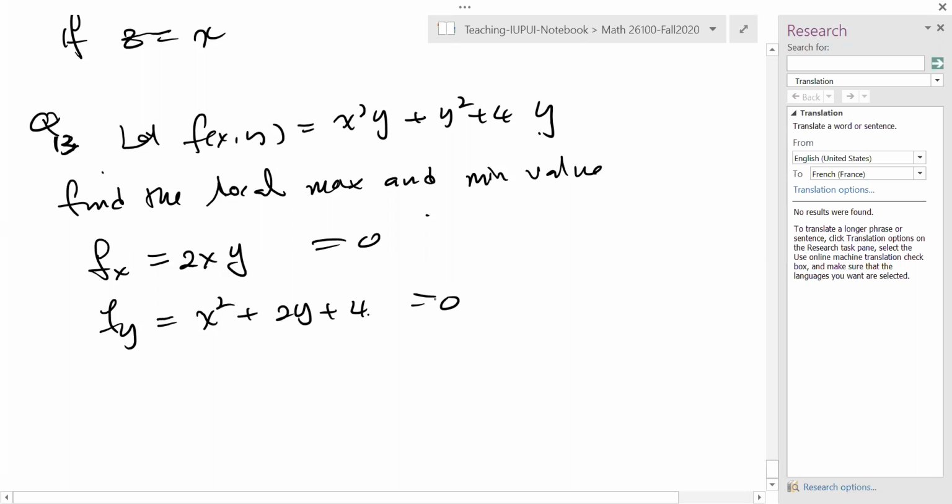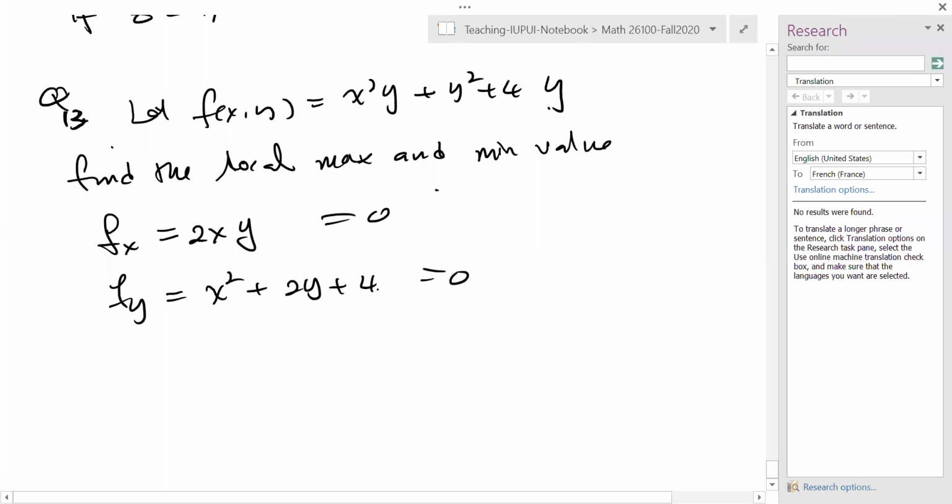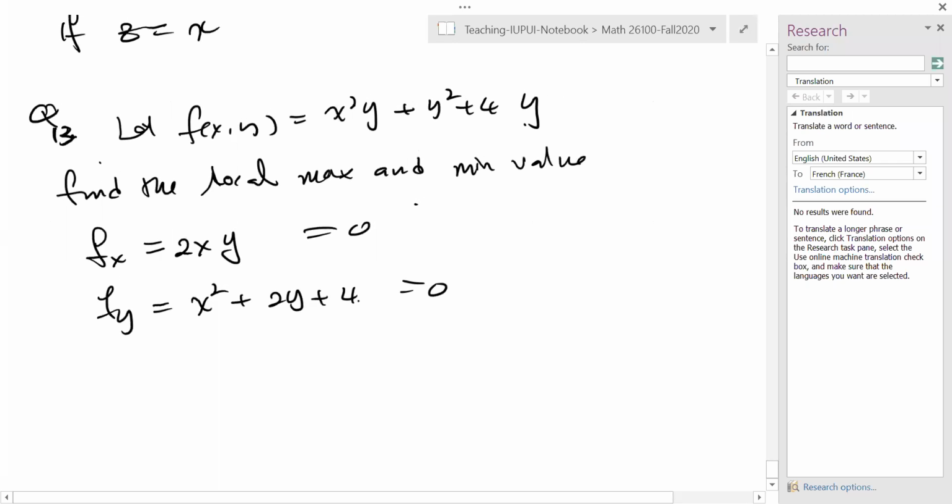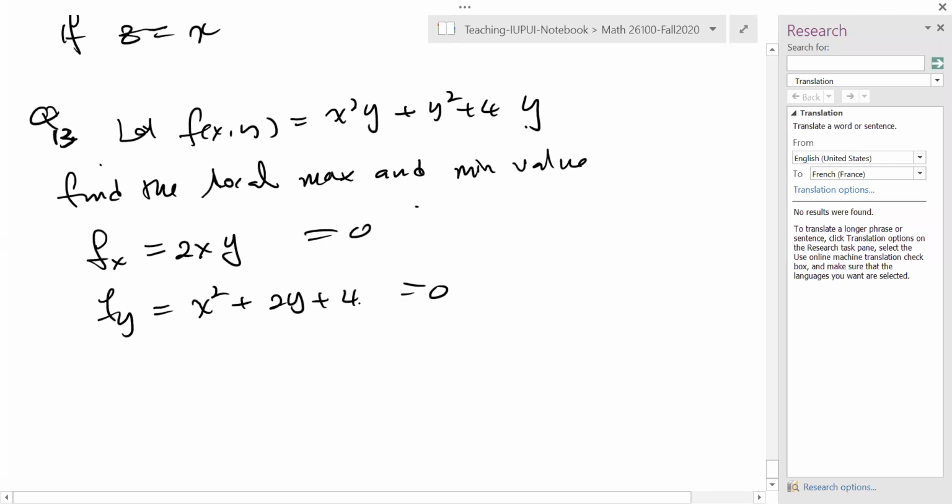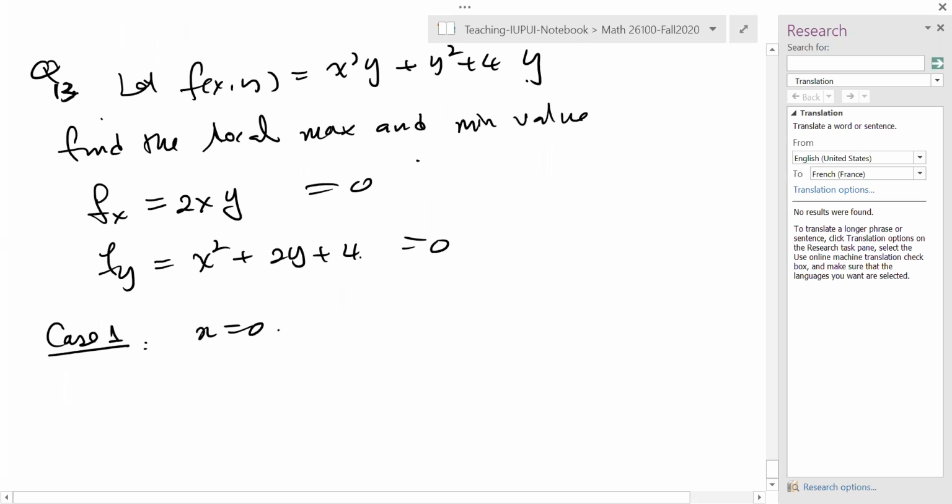Be careful when you solve this. Start with xy equals 0, so either x equals 0 or y equals 0. Case 1: x is 0, by the first equation. If x is 0, then 2y plus 4 equals 0, so y equals -2. So you get one point.